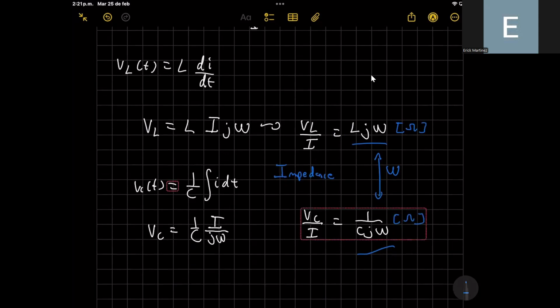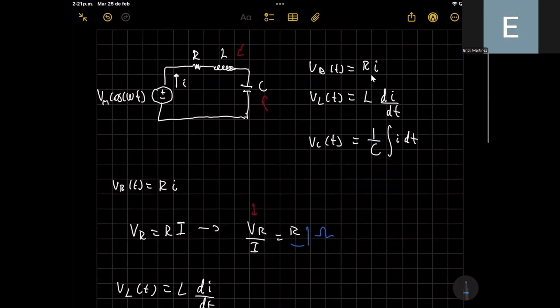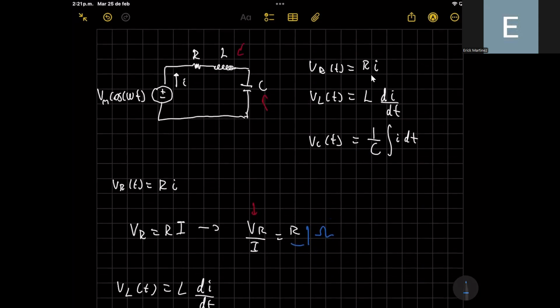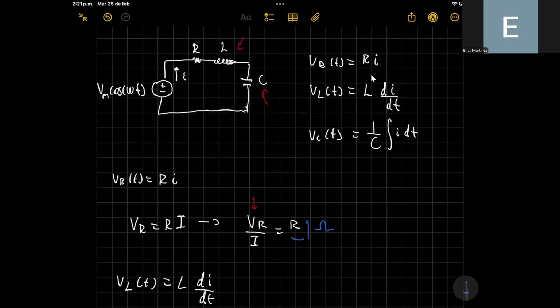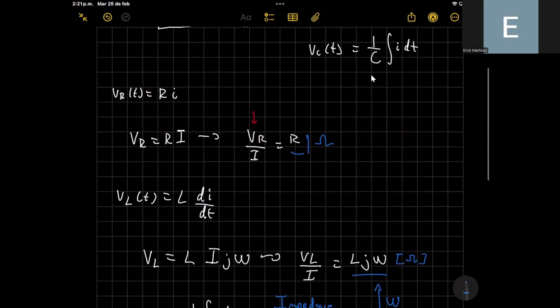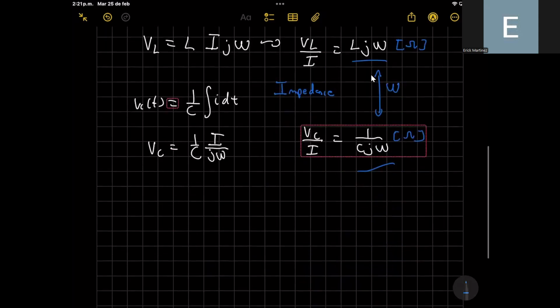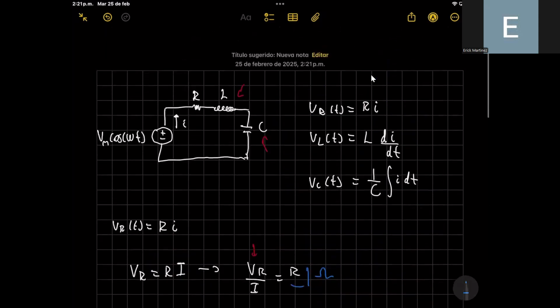These relationships are very useful because instead of working with these integrals and derivatives directly, we can convert them into impedances of these elements and solve the circuit, considering that these impedance terms are resistive elements that depend on the frequency of the circuit. That is the new concept.